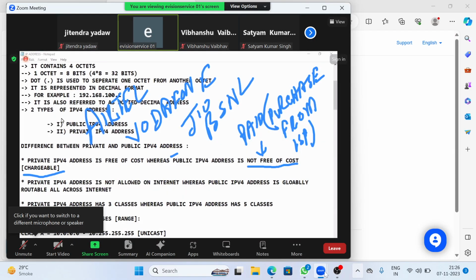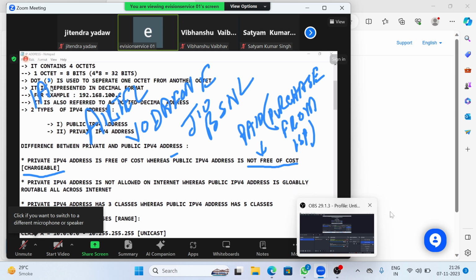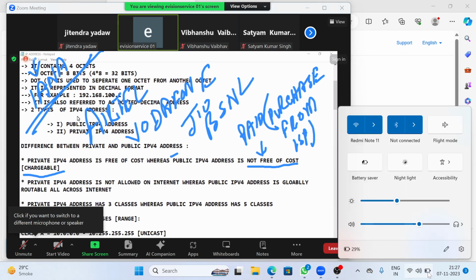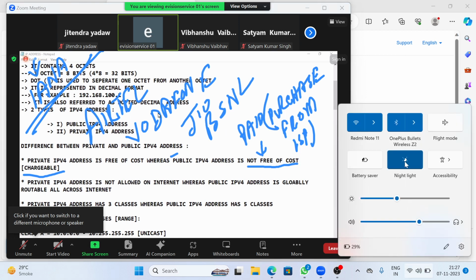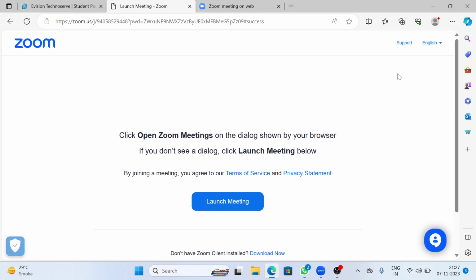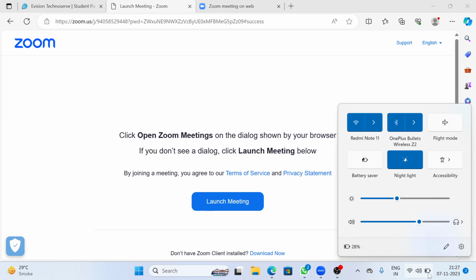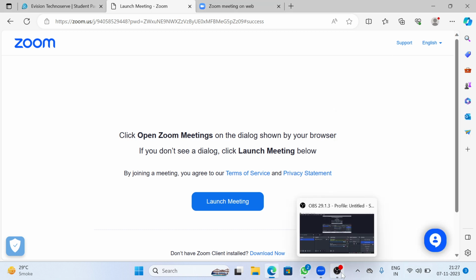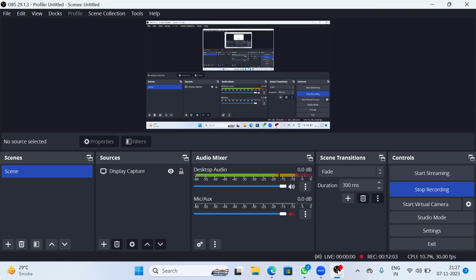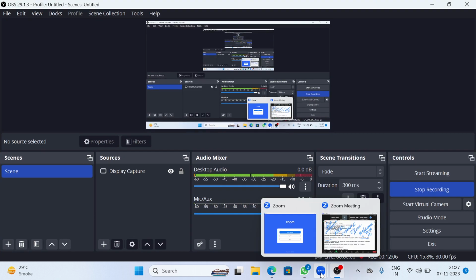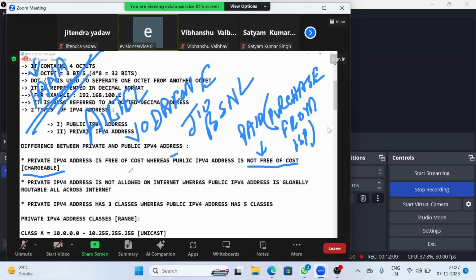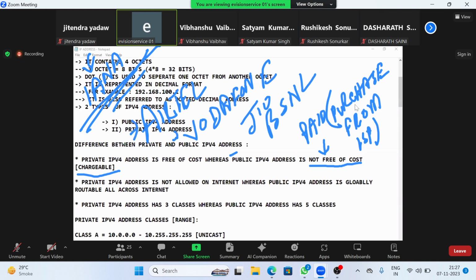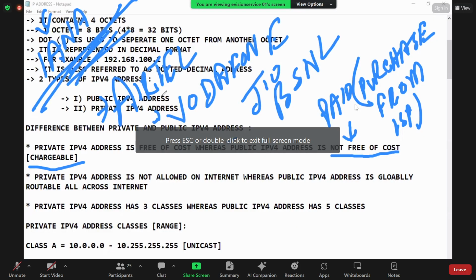Now there is an organization called IANA, the Internet Assigned Numbers Authority. This organization is mainly responsible for allocating IP addresses to different internet service providers. So these companies purchase it from this organization, and we purchase it from these ISPs.